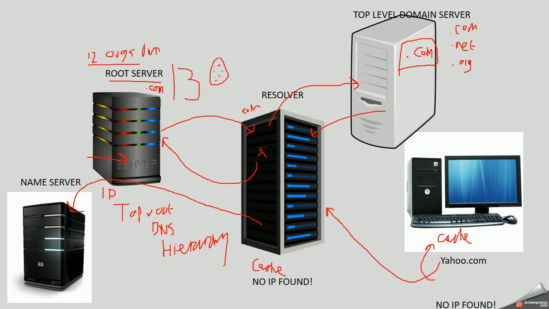So let's go right back. It'll search for it, and it'll go, sure, here you go, and it'll pass it on to the resolver, who will then pass it back onto the computer, and Yahoo is loaded. The computer then will keep the IP address in its cache, so it doesn't have to go through that journey again.